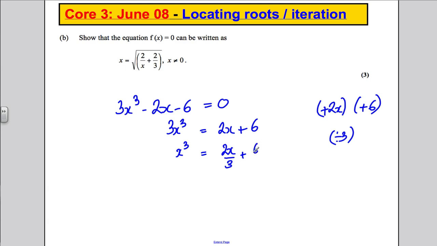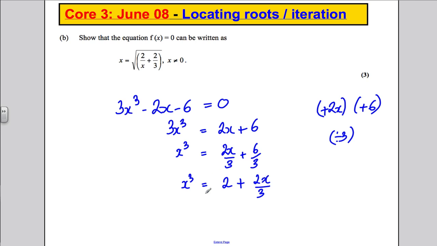Tidying that up, I'm just going to write the 6 over 3 first. I'm going to write that as 2, and I'm going to keep this as 2x over 3.